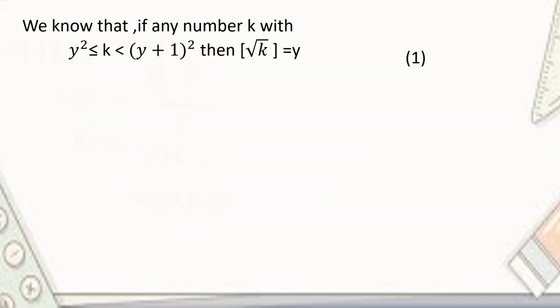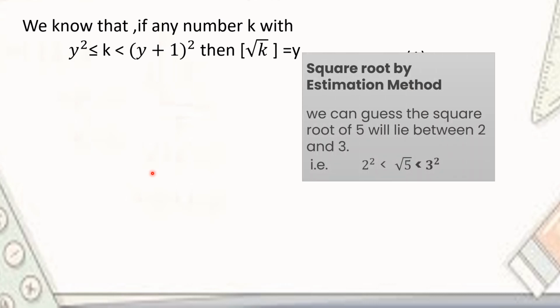We know that for any number k, if y square is less than or equal to k, which is less than y plus 1 the whole square, then the integer part of root k is equal to y. Let us call this equation 1. How did this equation come up? It is through the square root by estimation method.